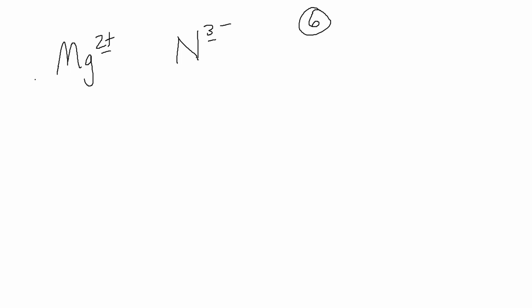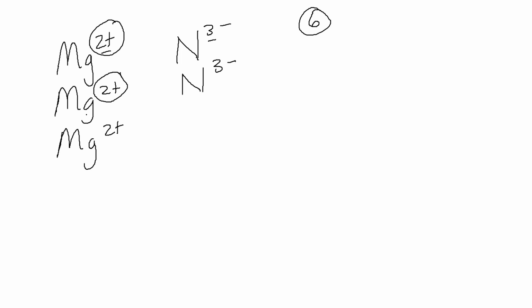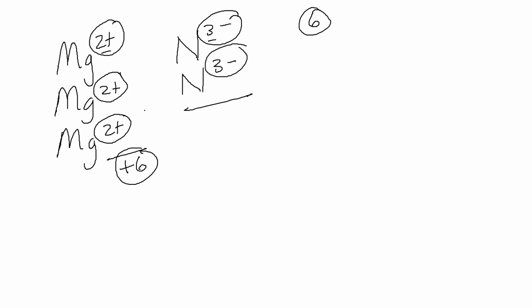So how many of these Mgs do I need to get to 6? I don't need 1. I don't need 2. But I do need 3 of them to get there. And the nitrides there to get to 6, I actually need 2. +2, +2, and +2 gives me a grand total of +6 that balances out the -3, -3, -6.